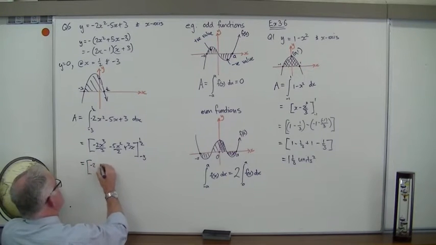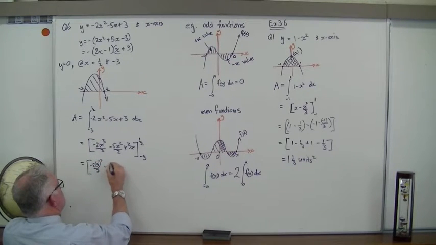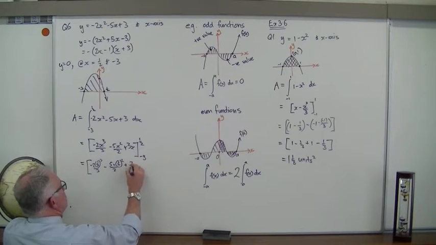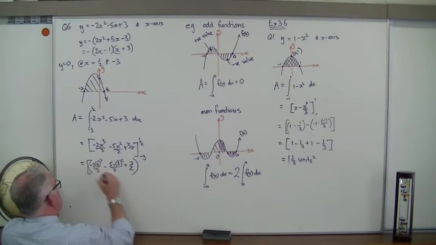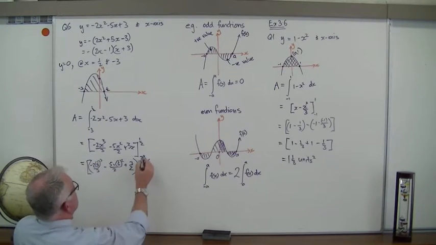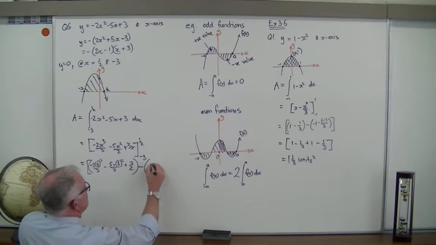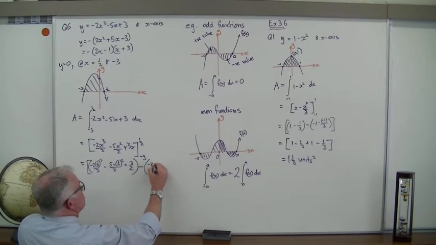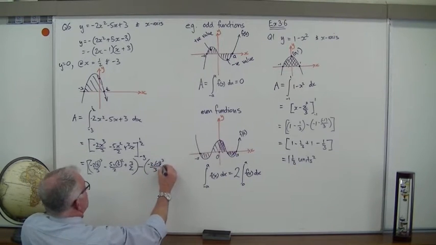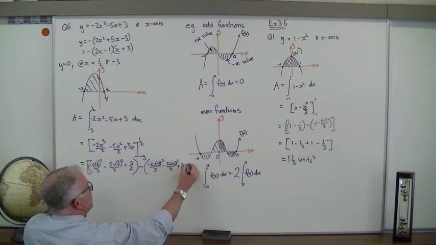That'll be minus 2 times a half cubed on 3, minus 5 times a half squared on 2, plus 3 on 2, minus, we put the lower limit in there, and that will be minus 2 times minus 3 cubed on 3, minus 5 times minus 3 squared on 2, plus 3 times minus 3.